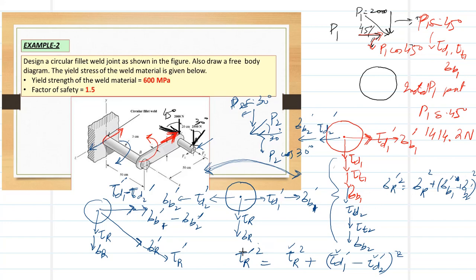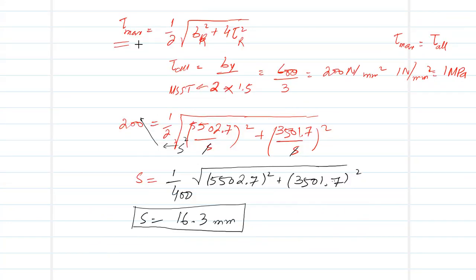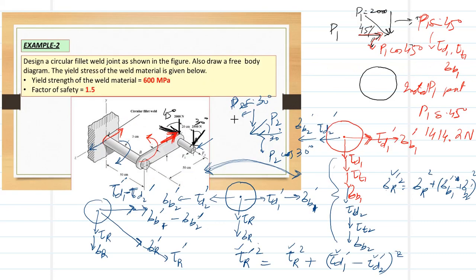Here you can find tau r and sigma r, and after finding these two values, we then have to use this formula, put those values here to find the size of the weld. This is the difference between the two. The only difference now is that instead of direct adding, you have to use the vector sum.